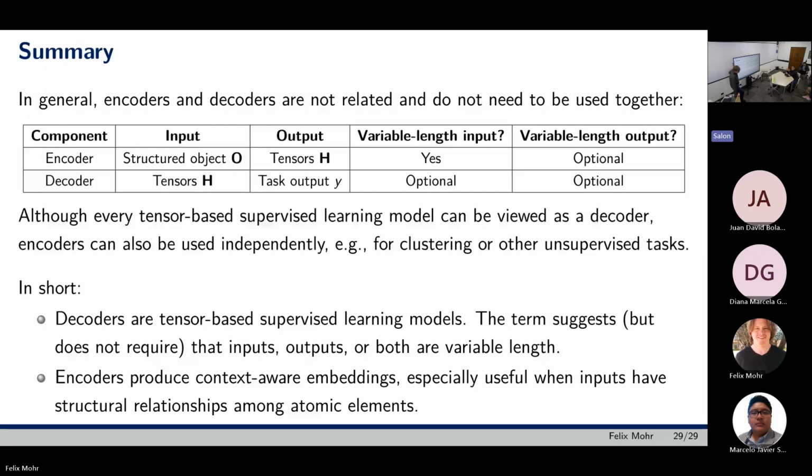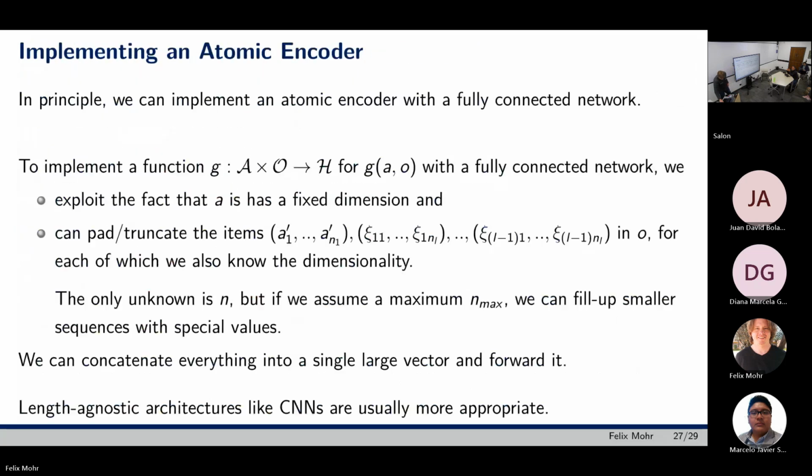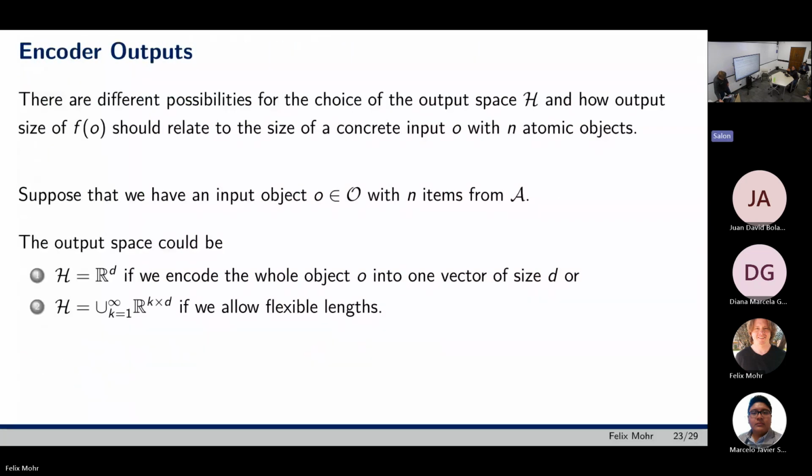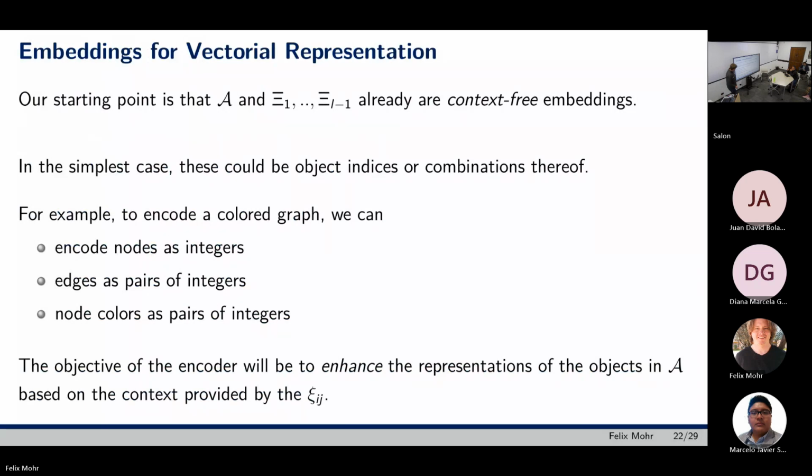Also through embeddings. So here I have an example for this. If you have a map of Colombia, then every city or every town could be embedded with a number. So that would be the embedding for the objects here. Think of these as sets of categories. Here I have the cities. Here I have the descriptions of how cities are connected.